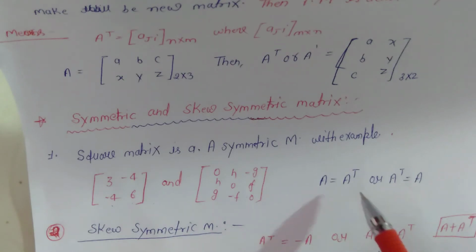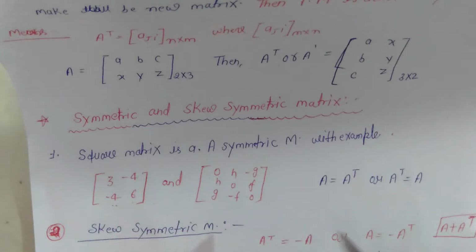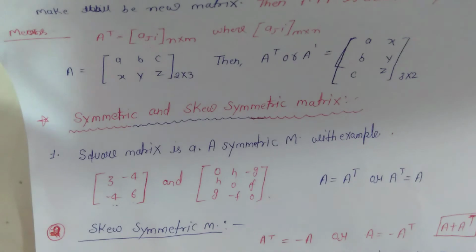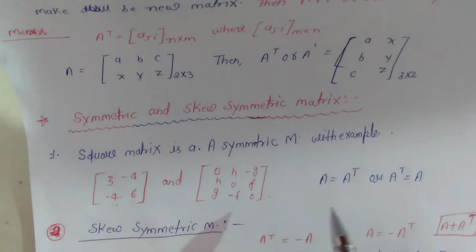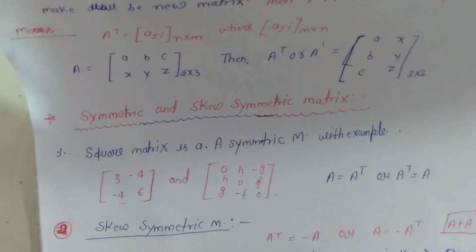Okay, so A equals A power T and A power T equals A. Similarly, a 3 cross 3 matrix can also be symmetric. If A power T equals A, then it is a symmetric matrix.